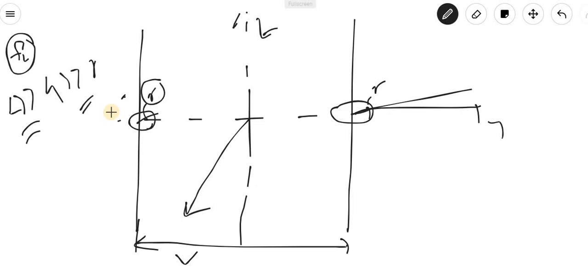The length is very much greater than the separation between them. What is the separation between them? This separation was how much? S. This separation was how much? S. So S is nothing but G.